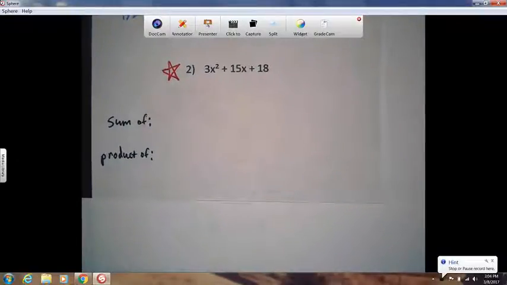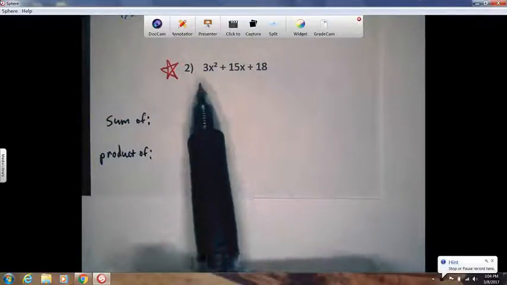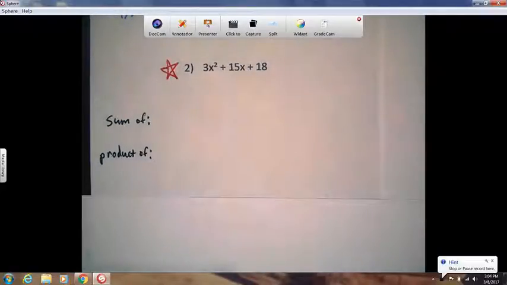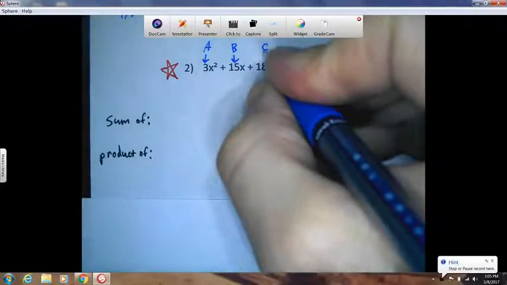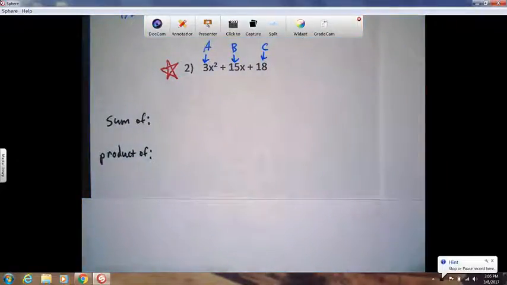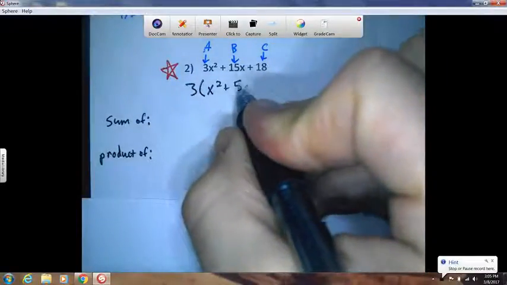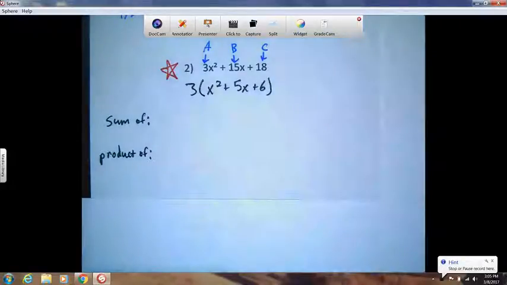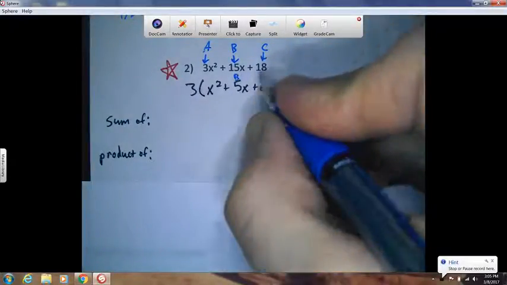So looking at number 2, I put a star by this one, and that's to remember that there is a greatest common factor here. I can see that 3 divides into all of these numbers. Okay, so A, B, C. 3 divides into all those numbers, so I'm going to factor out a 3 first. Now I've factored out all of these things, and now A is 1.